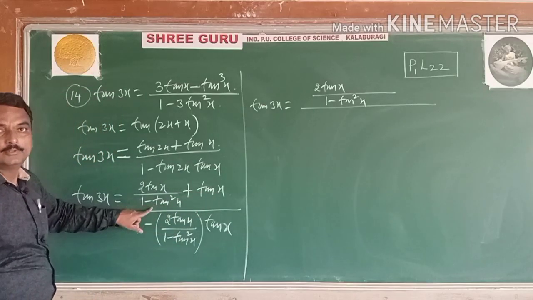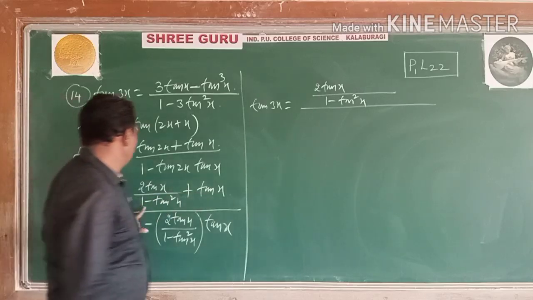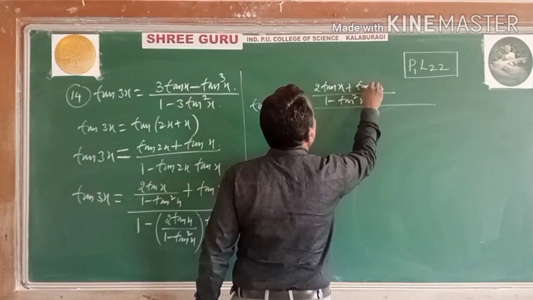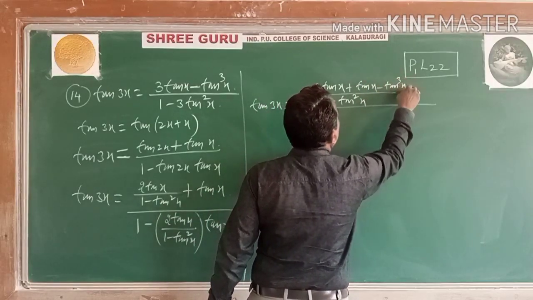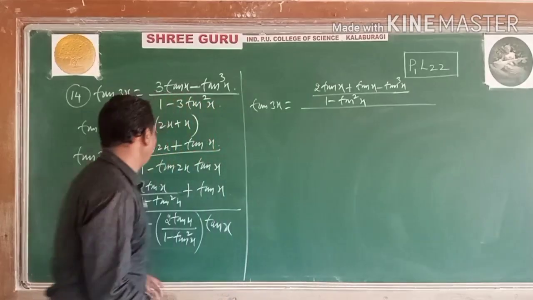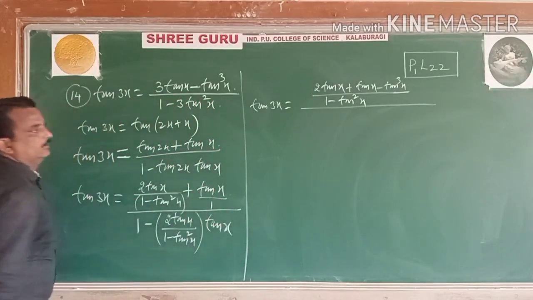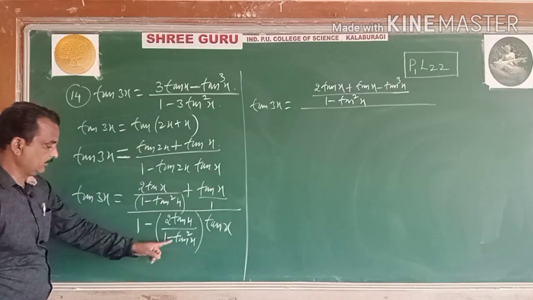Multiplying here, 1 minus tan square x with tan x, it becomes, see, students, plus tan x minus tan cube of x. This quantity is multiplied here: 1 minus tan square x with tan x gives tan x and minus tan cube x.